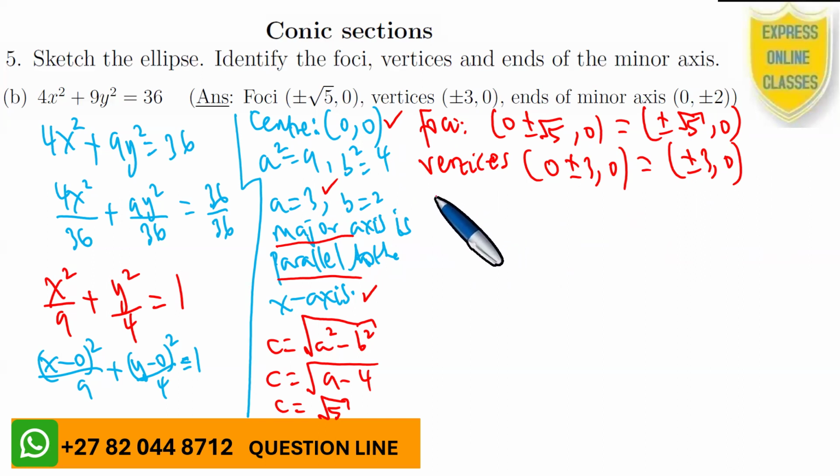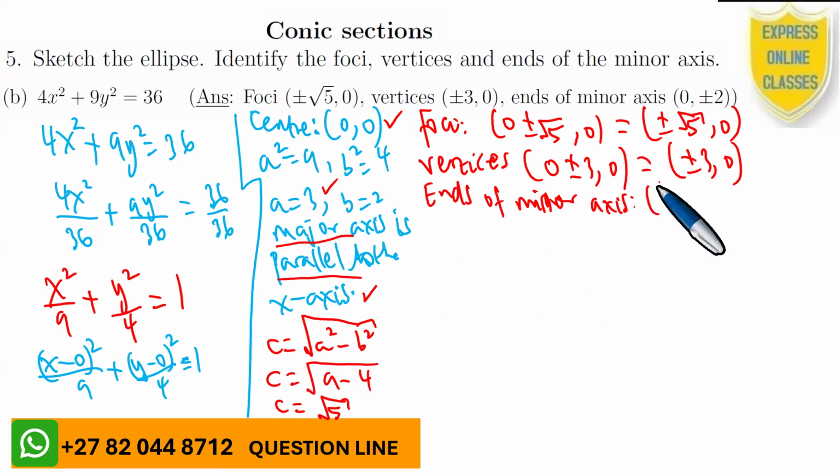And then there are the ends of the minor axis. The minor axis is on the y for this one because the y is smaller. For the ends of the minor axis, you take the origin and affect the y coordinate.